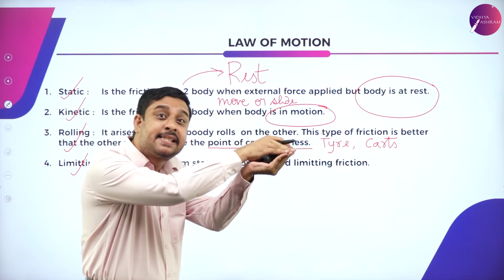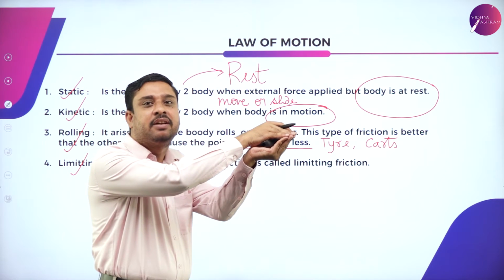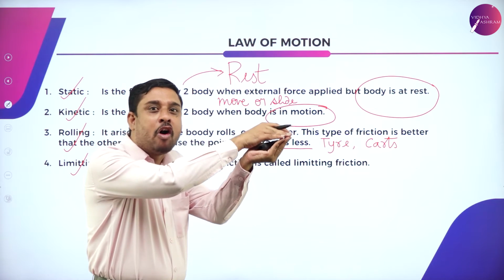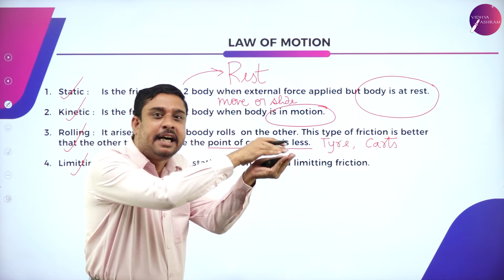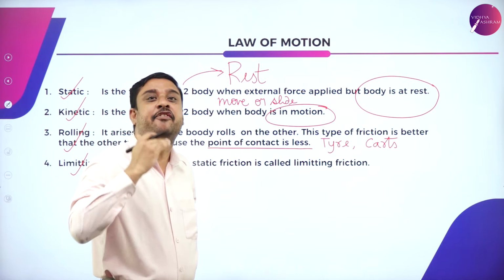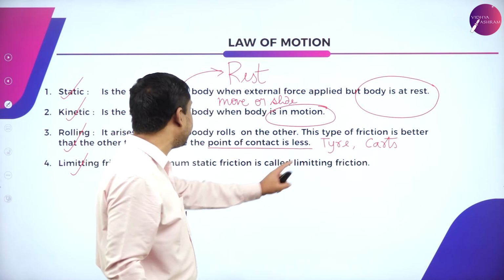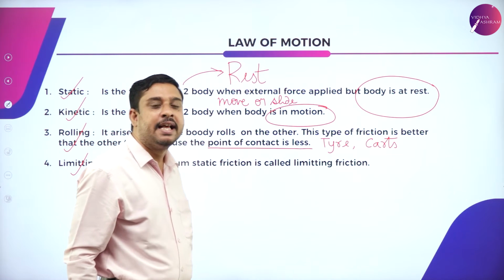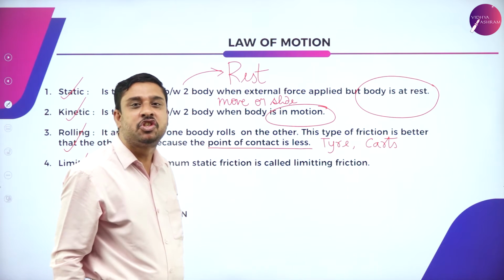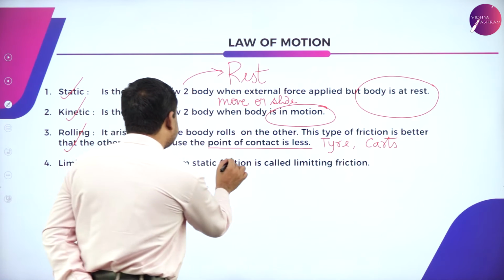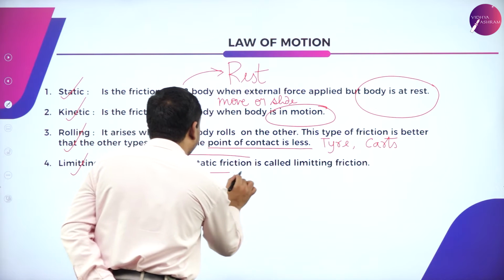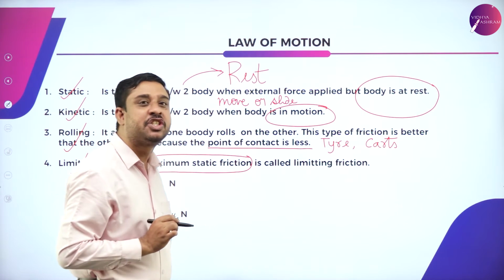The maximum static friction a body can exert on the surface of another body is called limiting friction.